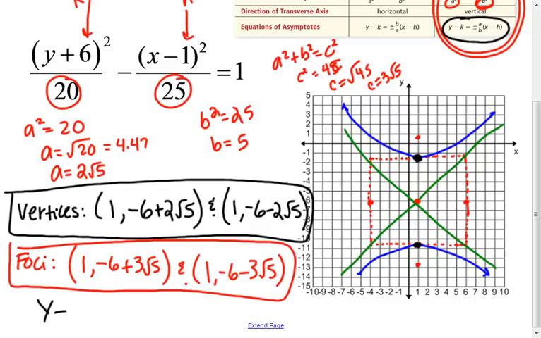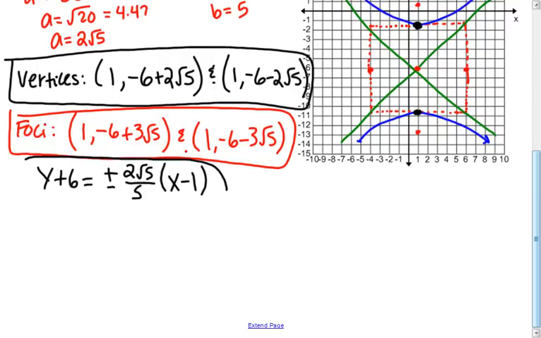Y minus negative 6 becomes positive 6, equals plus or minus your a, which you figured up above was the square root of 20, which was 2 root 5, over b, which you know is 5, times x minus your h value, which you know is 1. And that should give you your equation for your asymptotes, which of course are the green lines up there.